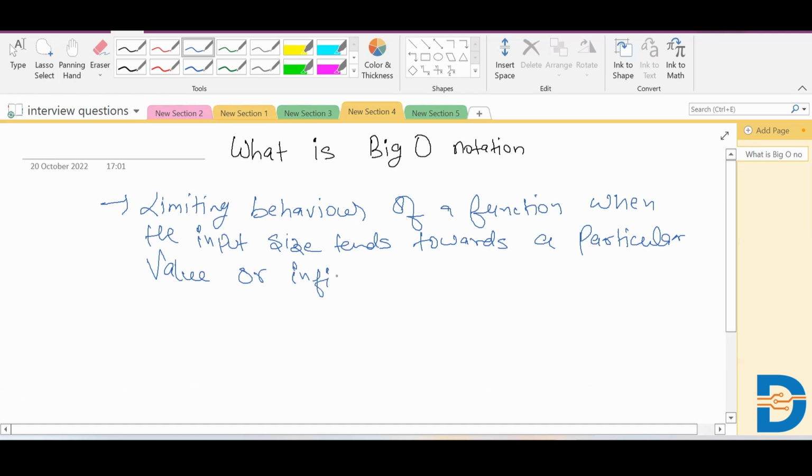Meaning when we increase the value of the input size of any function, there is a certain limiting behavior of the function, and that's what we call a big O notation.